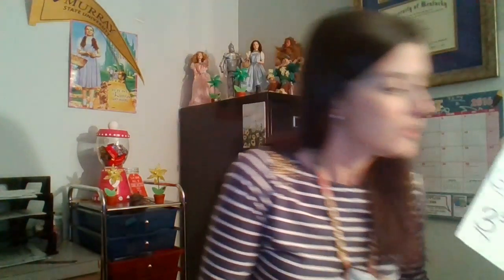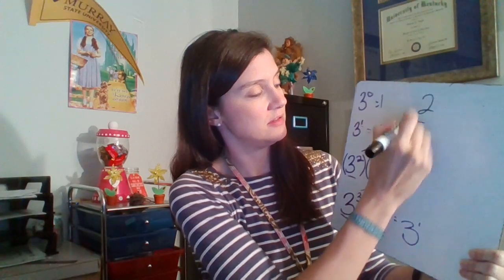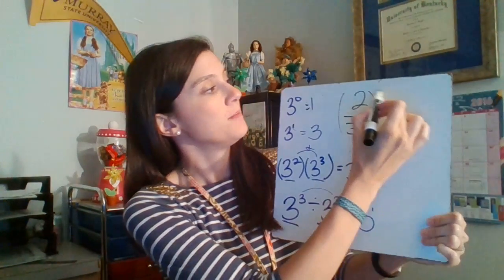And then you distribute that number to the numerator and the denominator. So it looks something like this. They've got 2/3 to the negative 3rd power in your book.